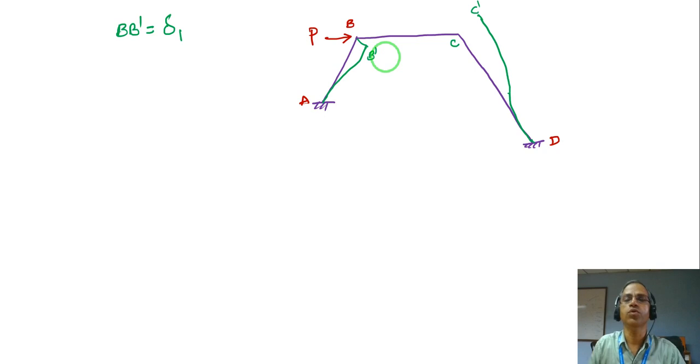That means the beam will also have a deformation something like this.